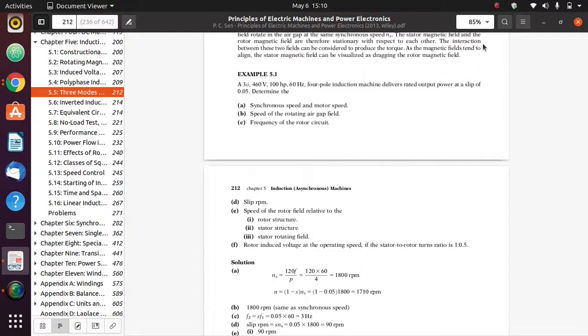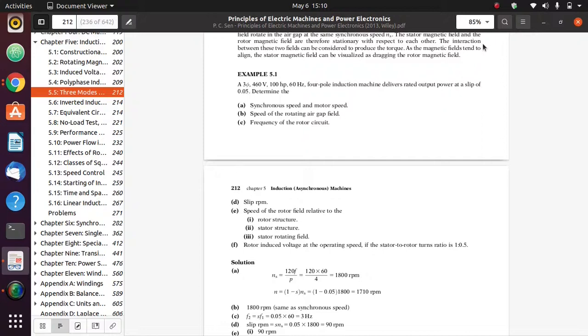So the synchronous speed, the speed of the rotating field, will be 120 times 60 divided by 4, which is 1800. Our synchronous speed will be 1800 rpm.